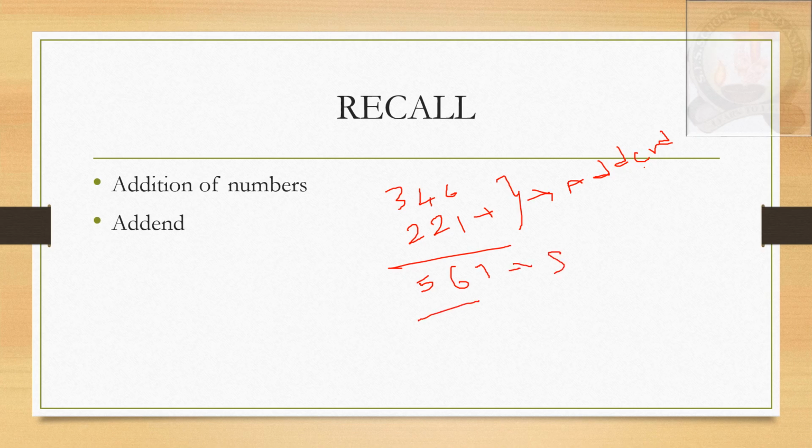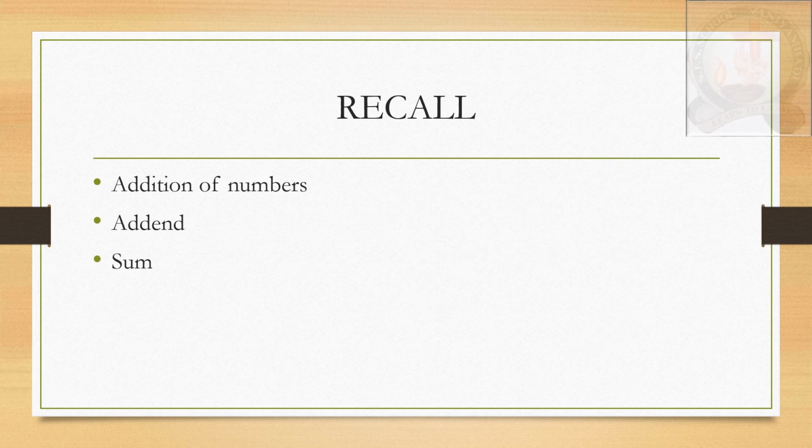After the addition we get the answer: 6 plus 1 is 7, 4 plus 2 is 6, and 3 plus 2 is 5. This answer is called the sum. This is what we learned in the previous part.